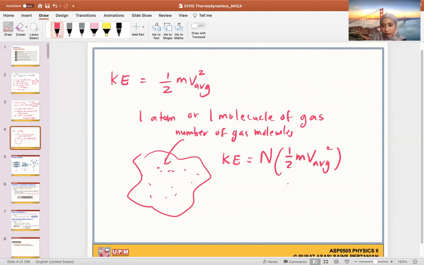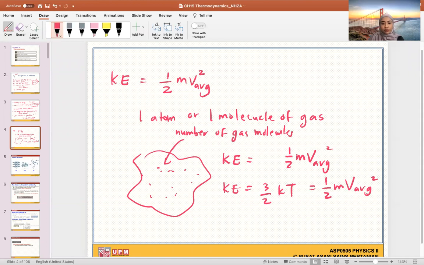Kita tak go through ni lagi rasanya. And then we talked about the VRMS equation. KE is also equal to 3/2 kT. And this is 1/2 m v average squared. And I told you v average squared basically means v mean squared.